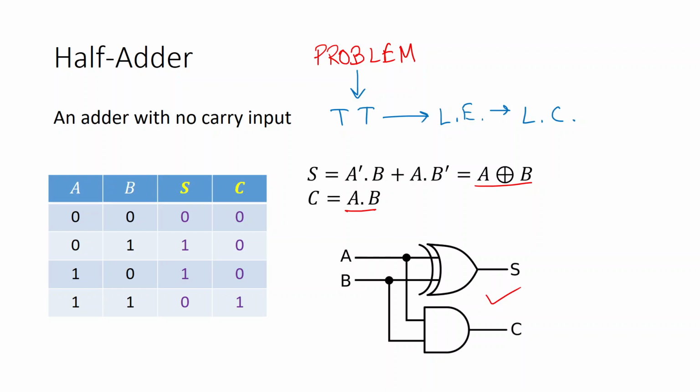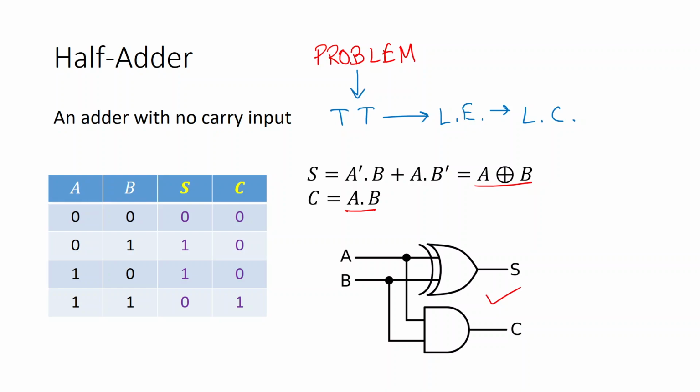From the problem you have to write down the truth table, from there logic expression, from there logic circuit. So there can be a lot of other mathematical arithmetic problems like multiplication of 2 bits or subtraction of 2 bits. So this sort of problems can also be given. So you should be ready to take those problems and solve those problems, find out the logic circuits for those problems.